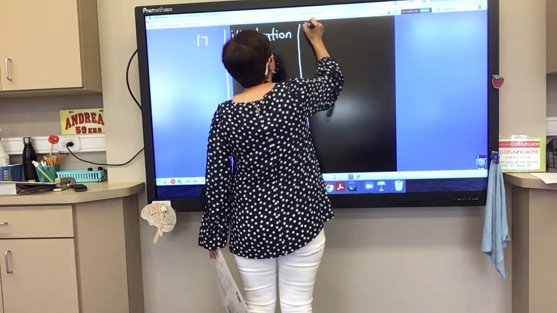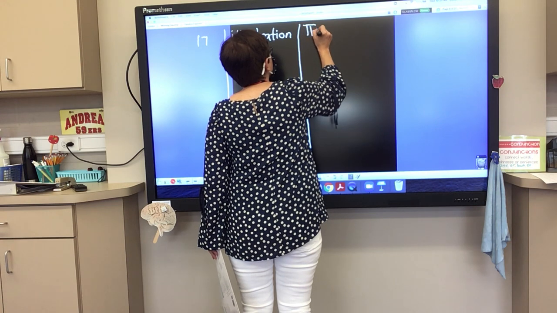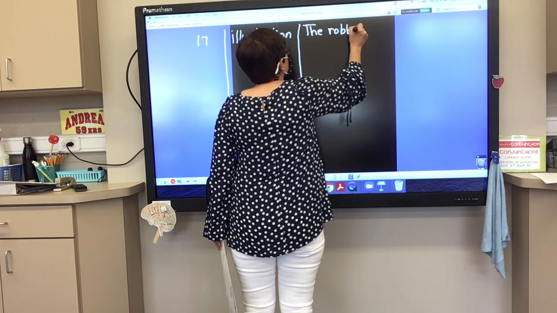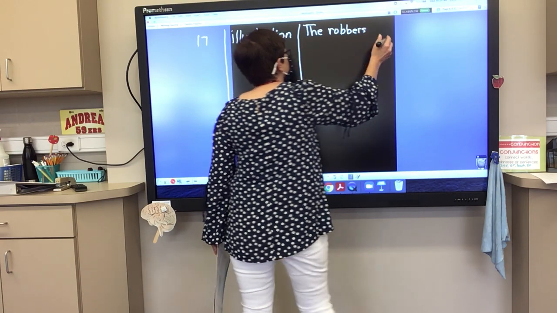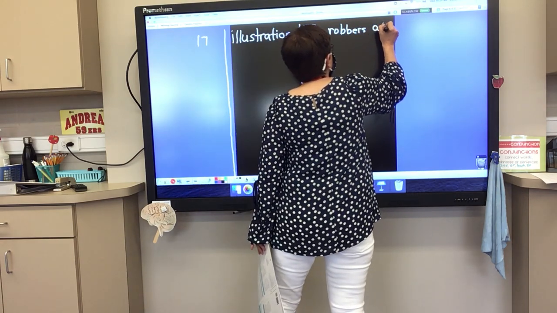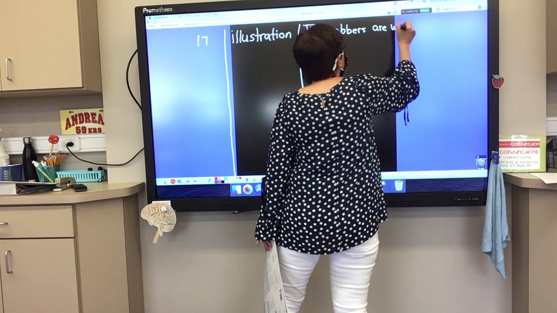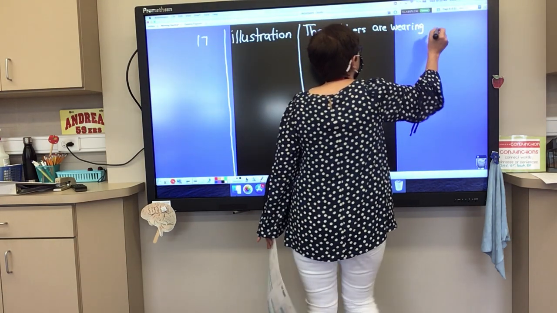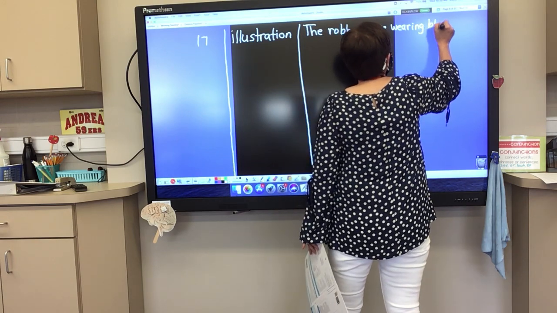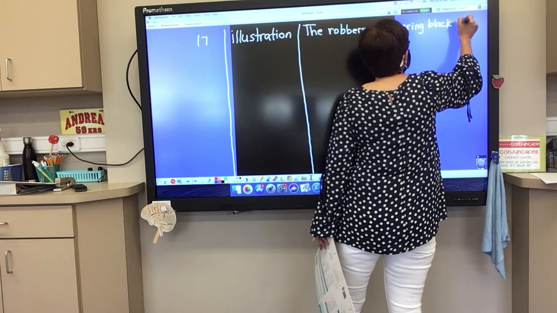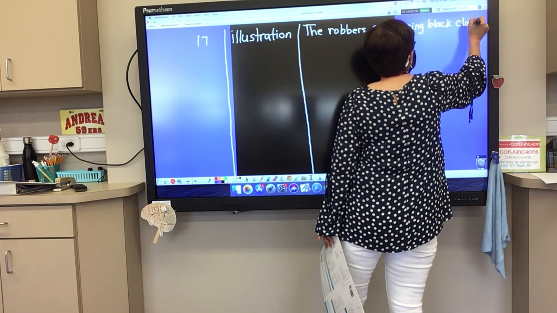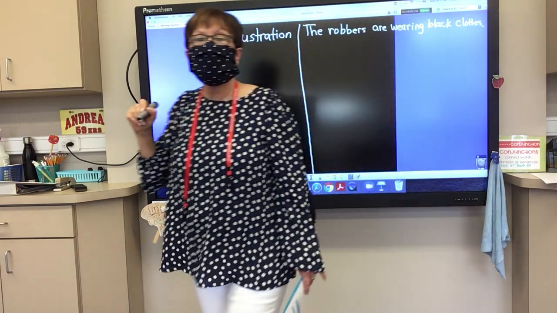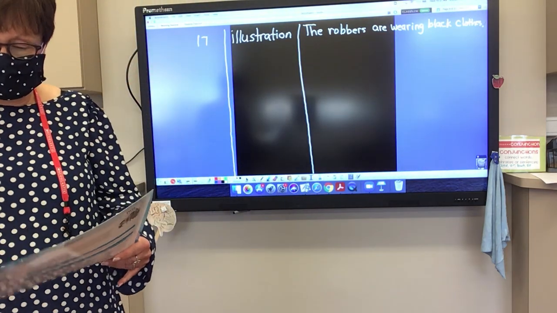And we're going to say the robbers are wearing black clothes. Okay, so our robbers are wearing black clothes.